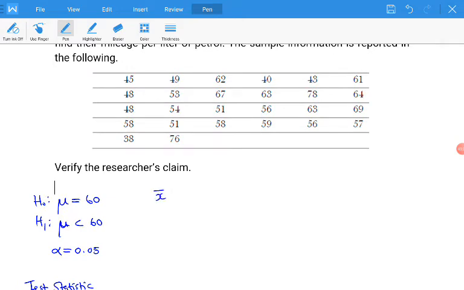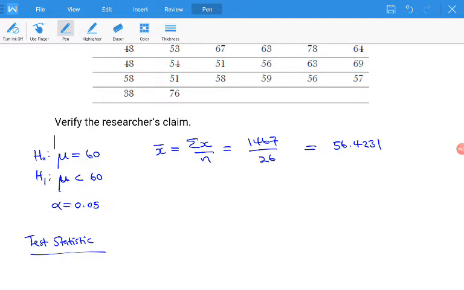So the mean is given by x bar equals summation x over n, which is equal to 1467 over 26. Then our answer here is 56.4231.